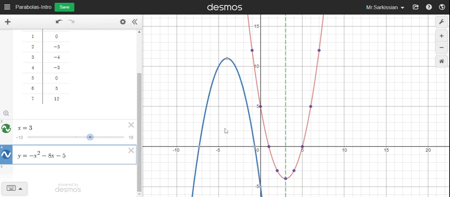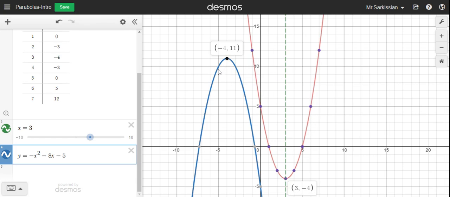As a result, the vertex is the highest point on the parabola this time, not the lowest point as we had before. So before we said that the lowest point on the parabola, the vertex, is a minimum point when the parabola opens upwards. But here, we're going to say that the vertex is a maximum point because the parabola is opening downwards.